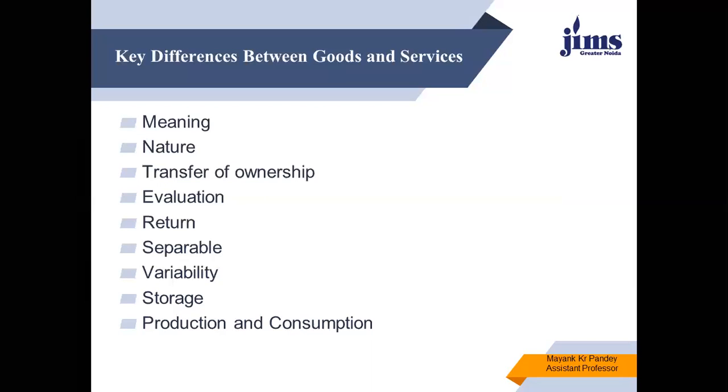And if you are going to formulate a strategy for services, you will again have to keep some bullet points in your mind to deal with services only. That is why we need to differentiate between these two, because ultimately it helps to formulate strategy for the organization.